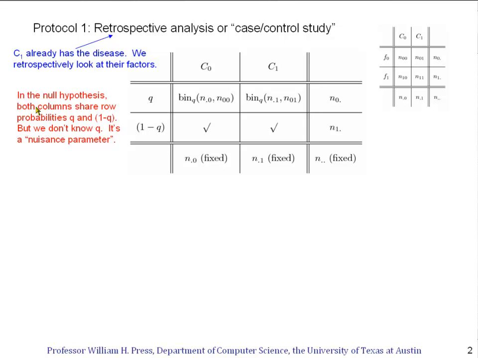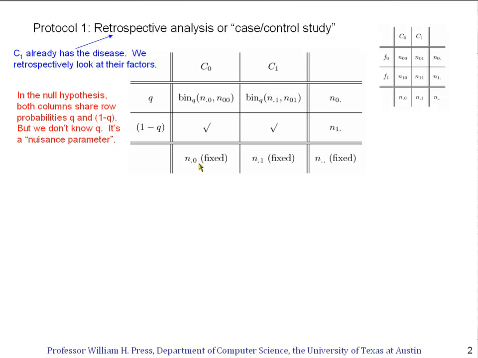In other words, under the null hypothesis, both columns, the patients and the controls, should share the same probability of having previously been vaccinated, but we don't know what that probability is. Now what can we compute for the probability of finding exactly the values n00, n01, n10, n11 under the null hypothesis?